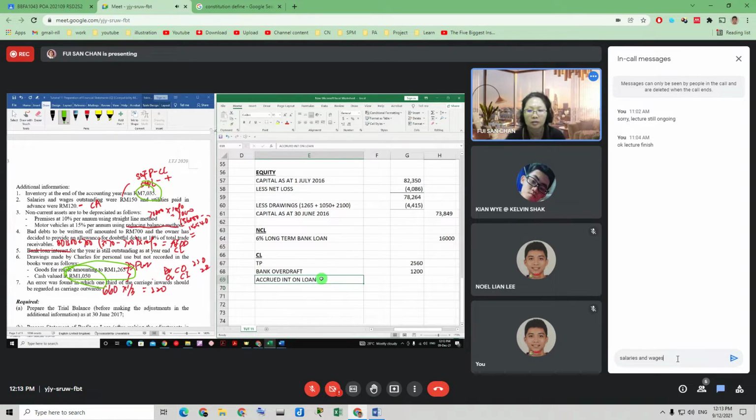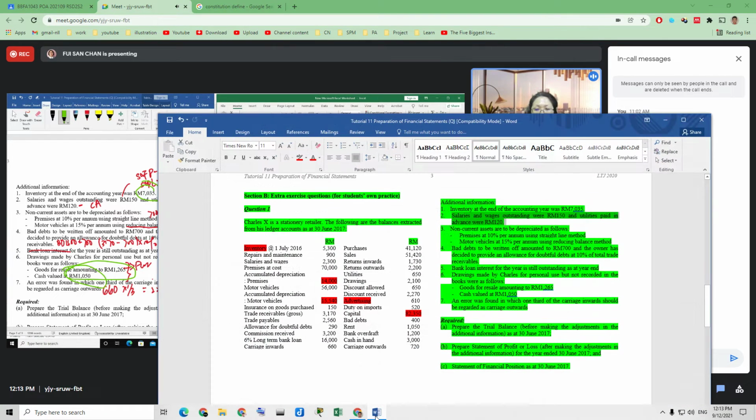How much? Interest on loan, how to calculate already?